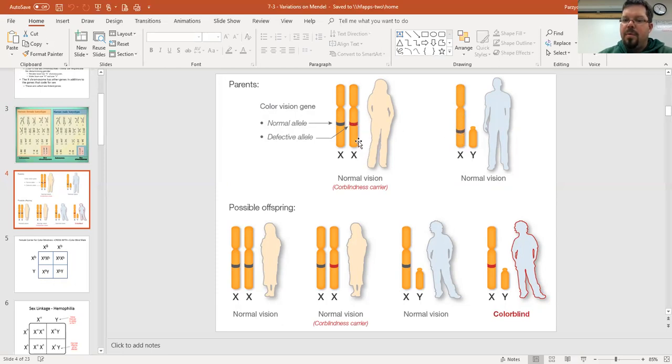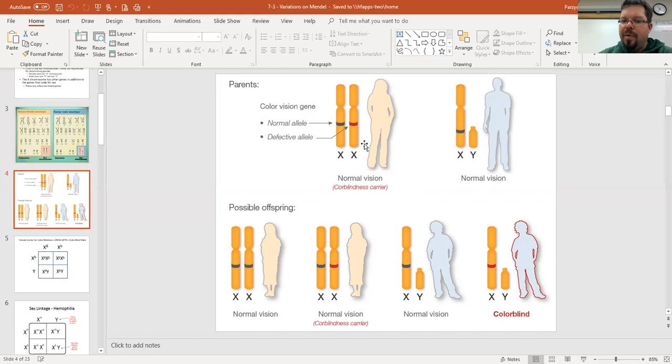So here's an example of a couple. The female is a carrier for color blindness. She possesses a normal allele and a defective allele. The man has normal vision on his one X chromosome, so he has the normal allele.